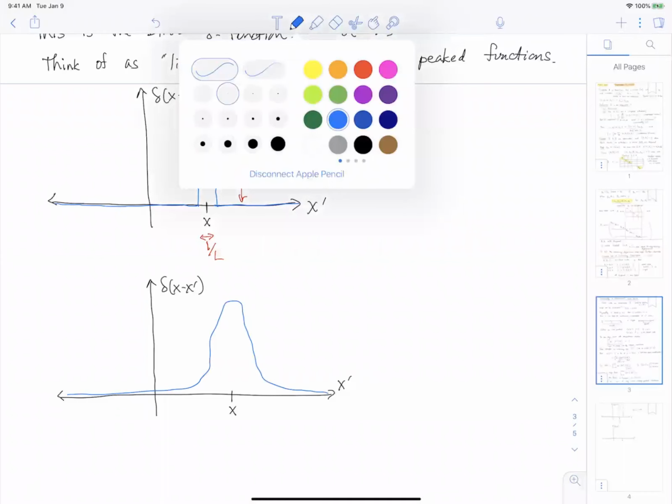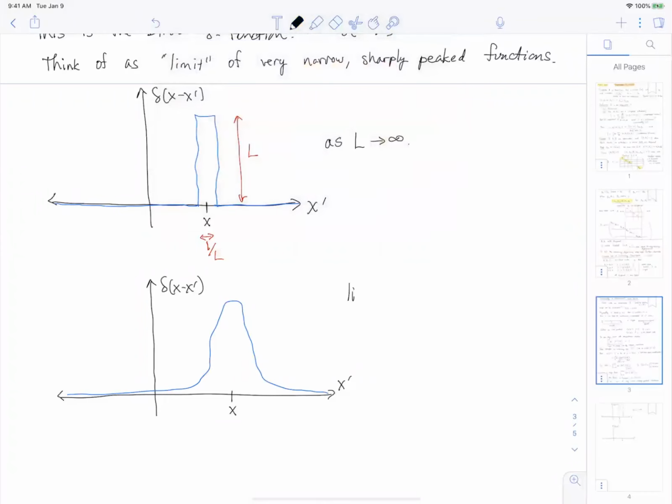Now this is the limit as some number I'm going to call delta goes to 0 of 1 over the square root of pi delta squared, exponential of minus x prime squared over delta squared.